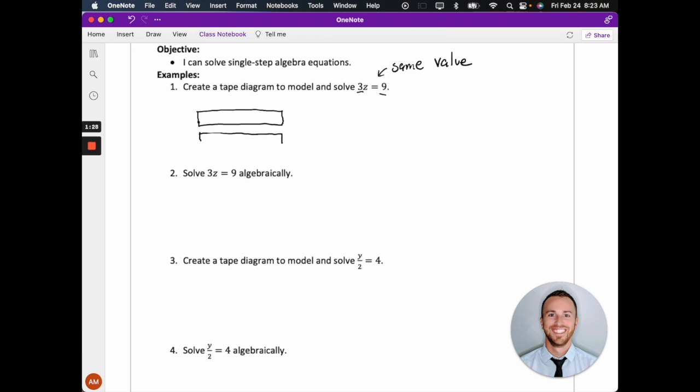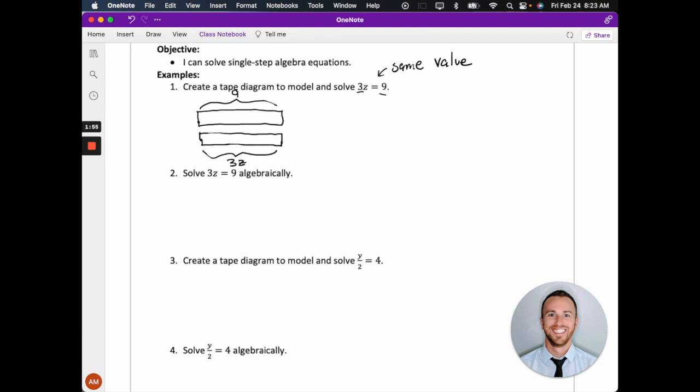They almost look like an equal sign, actually. One is going to be 3z, I'll call that the bottom one. It doesn't matter which is which. And the top one we'll call 9. One is worth 3z, one is worth 9, but they have the same value.